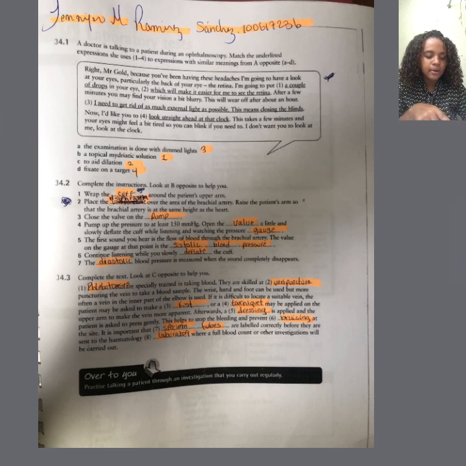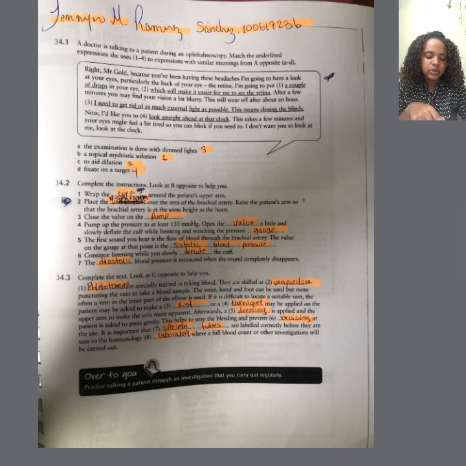Number 3. Close the valve on the pump. Number 4. Pump up the pressure to at least 180. Open the valve a little and slowly deflate the cuff while listening and watching the pressure gauge. Number 5.